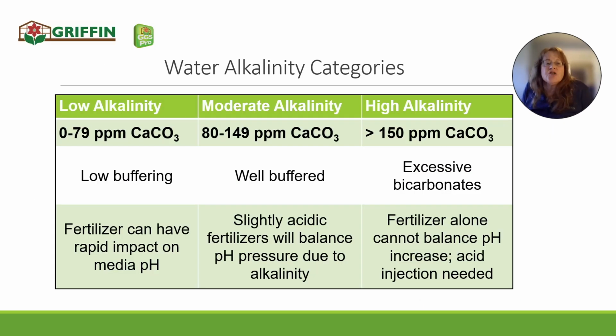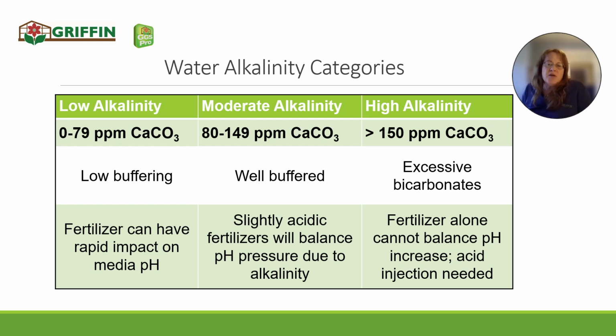And this slide shows basically the break points in what we would consider low, moderate, and high alkalinity. Low alkalinity water has very little buffering capacity, and the fertilizer then has an overwhelming effect on the pH. That's a fact that we want to use to control our pH, right? We can use an acid fertilizer or a base fertilizer. At moderate alkalinity, we consider our water to have good buffering capacity.